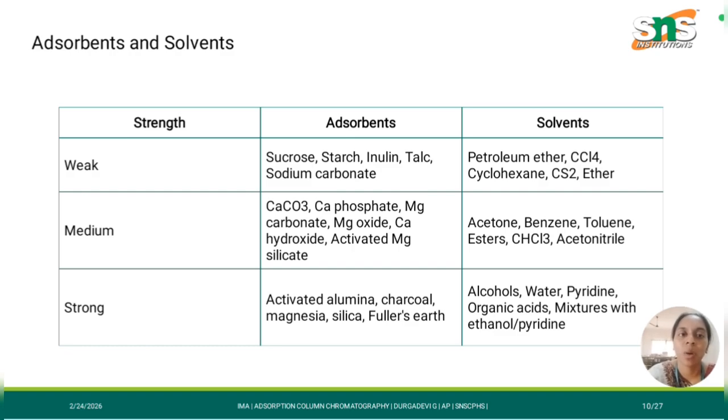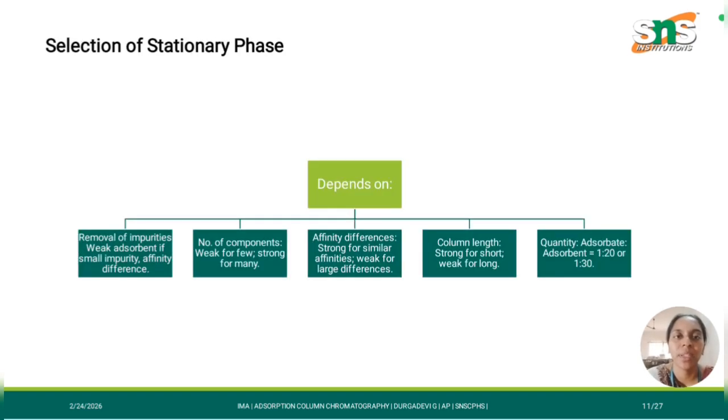The medium adsorbents are calcium carbonate, calcium phosphate, magnesium carbonate, magnesium oxide, calcium hydroxide and activated magnesium silicate. The solvents we can use include acetone, benzene, toluene, esters, chloroform and acetonitrile. Examples of strong adsorbents are activated alumina, charcoal, magnesia, silica and fuller's earth, and the solvents we can use are alcohols, water, pyridine, organic acids, and mixtures with ethanol or pyridine.